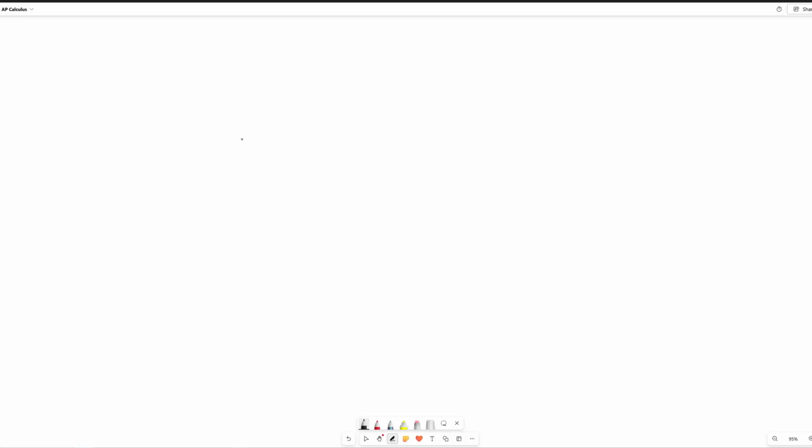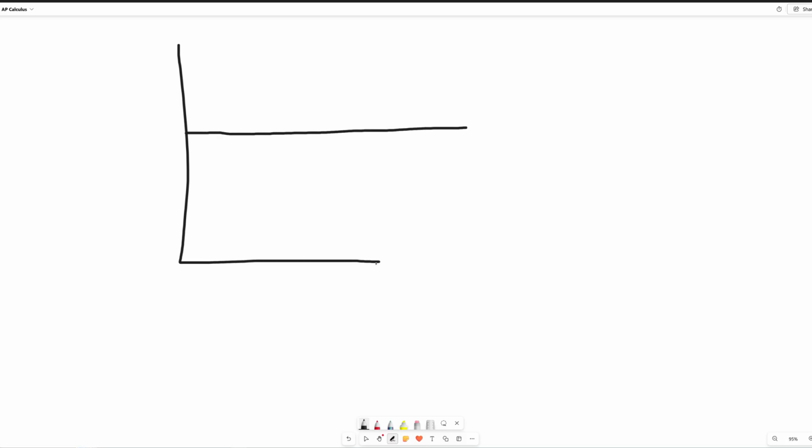So what is the average value of a function that looks like this? If this is the value 3, the average value of this function from, let's just say, some arbitrary 0 to 4, it's going to be 3. Surprisingly. And that's because the only value is 3.